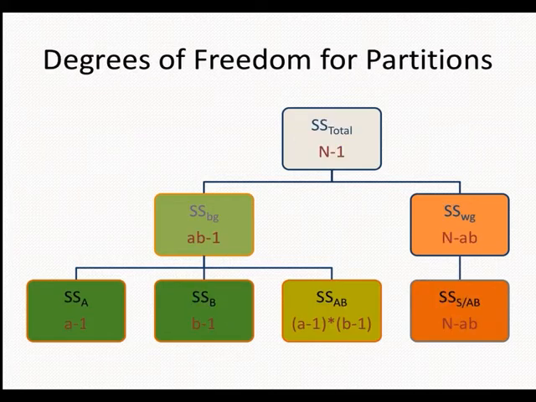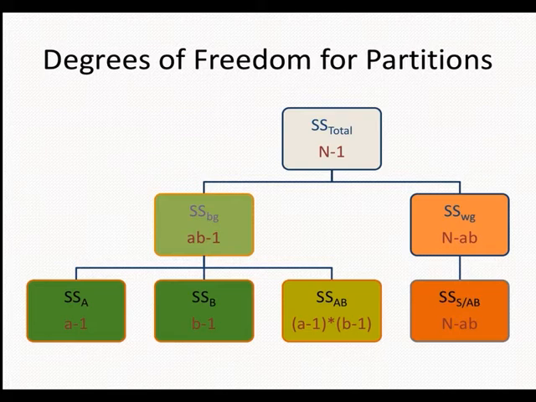And this is the formula. This is something you'll have to memorize or know, regardless of whether we end up teaching the calculation or not: how do you determine the degrees of freedom. So for the total degrees of freedom, it's the big N, the total sample size, minus 1. That's similar to one-way ANOVA. And for the between group, it's similar. It's the levels in that group.